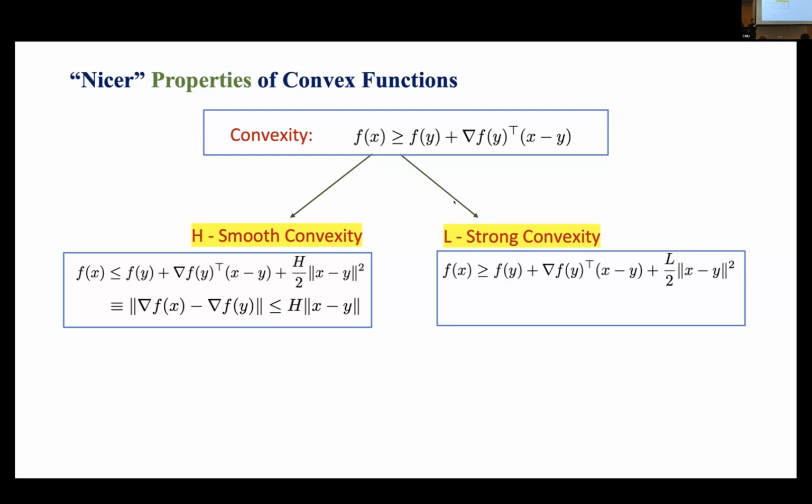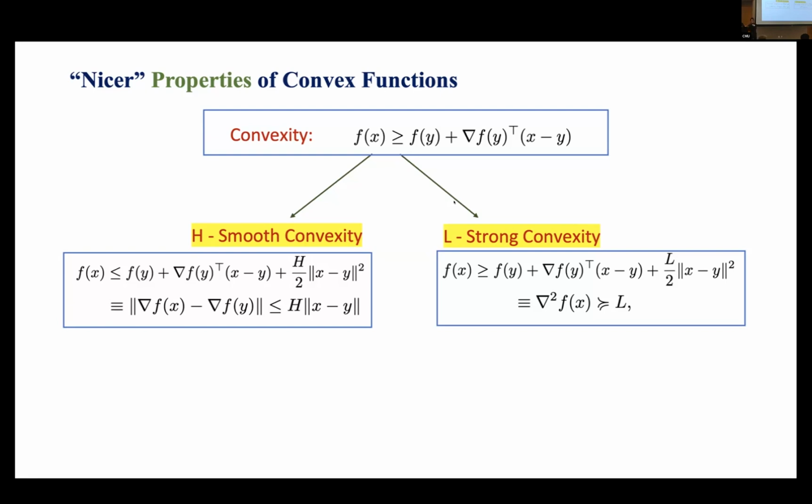There are more properties of convex functions, such as strong convexity, where the function is convex and also has enough curvature in it. The strong convexity property is sort of the dual version of smoothness. It says that the Hessian should have a minimum eigenvalue bounded below, so there's enough curvature in the function.